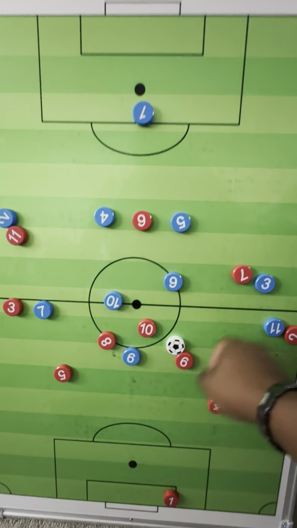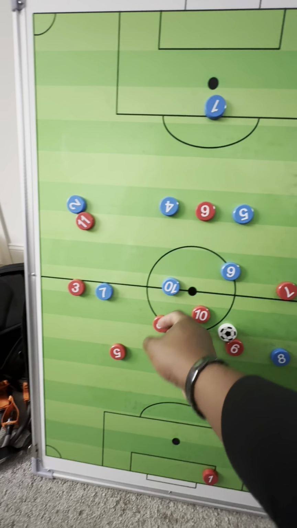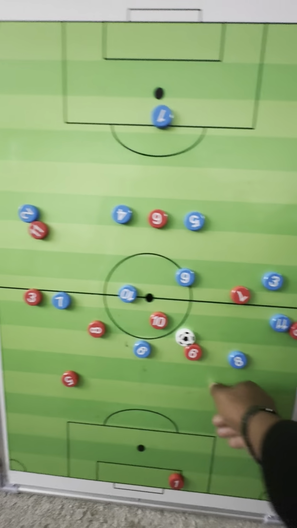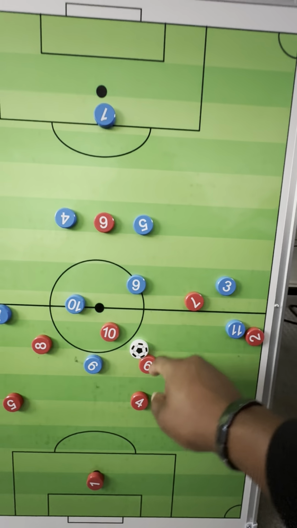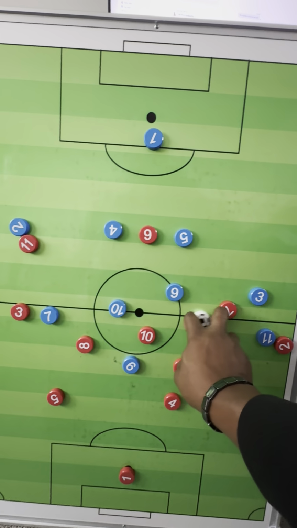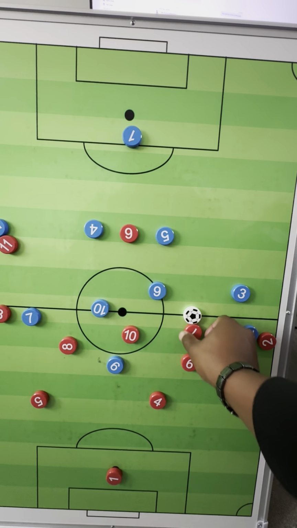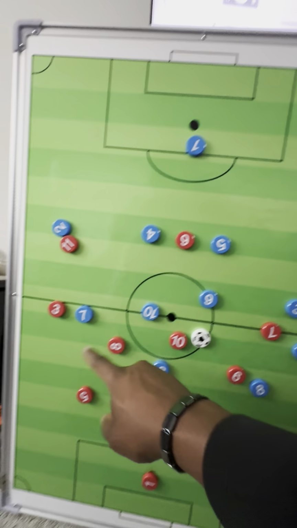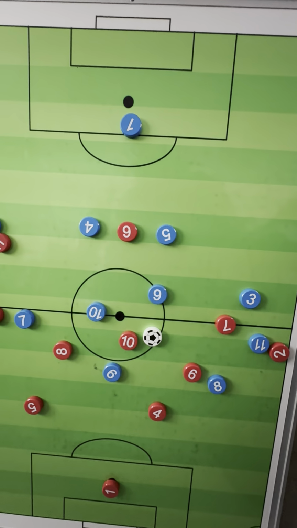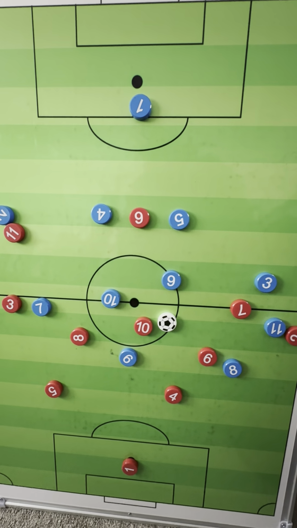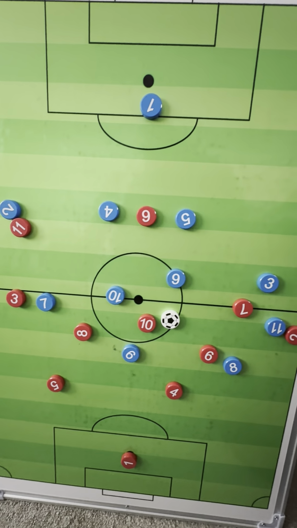Even in tight spaces, we want to ensure that we keep our angles. So if we want to pass the ball, we want everything to be in triangles. There's very rare scenarios where we want to be flat and we're passing square balls.